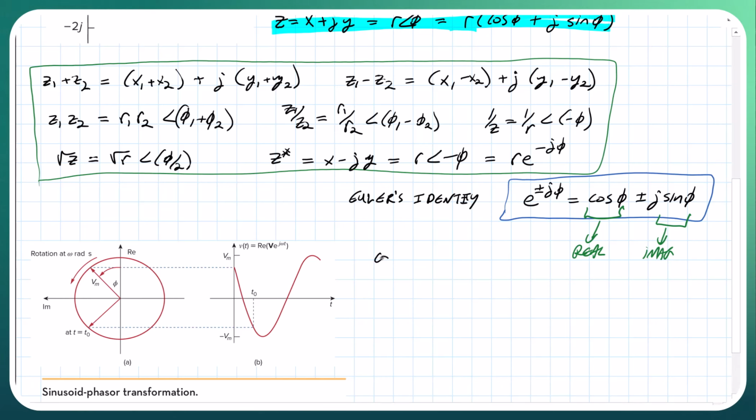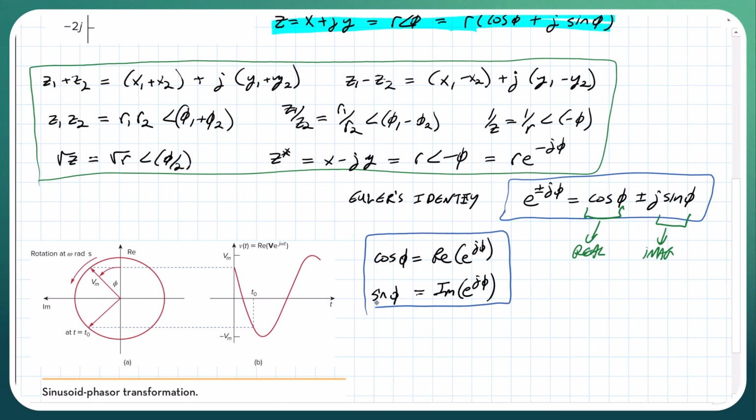So cosine phi is equal to Re of e to the j phi, and sine phi is equal to Im of e to the j phi. That gives us both our real part and our imaginary part.